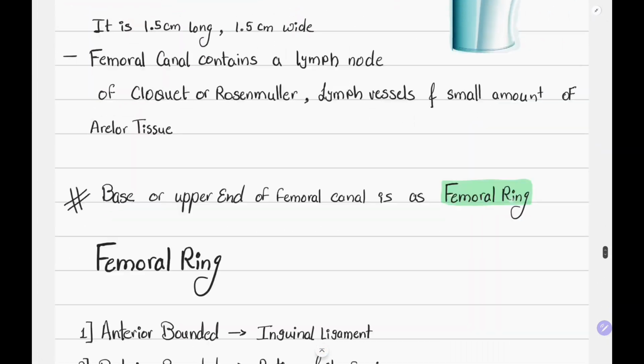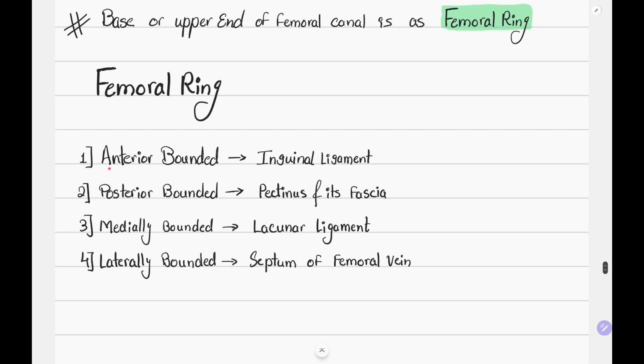So going once again, anteriorly it is bounded by the inguinal ligament, posteriorly by the pectineus muscle and its fascia, medially by the lacunar ligament, and laterally by the septum of the femoral vein.